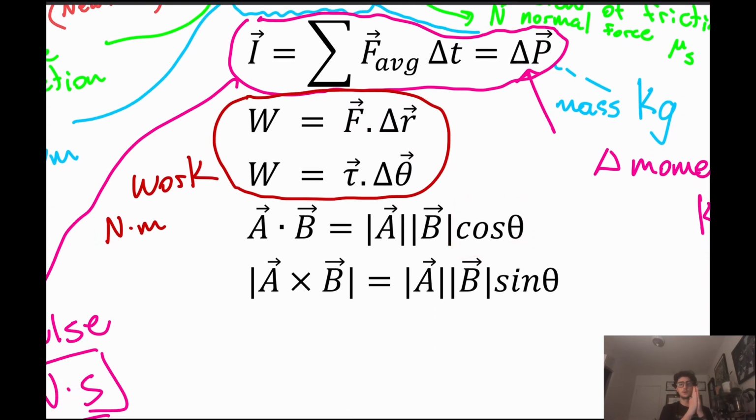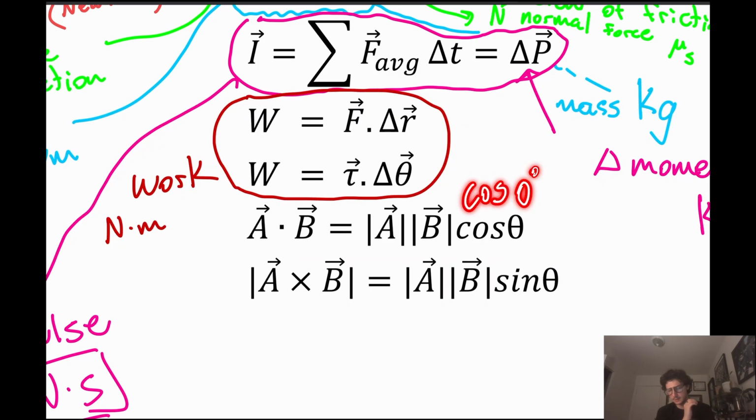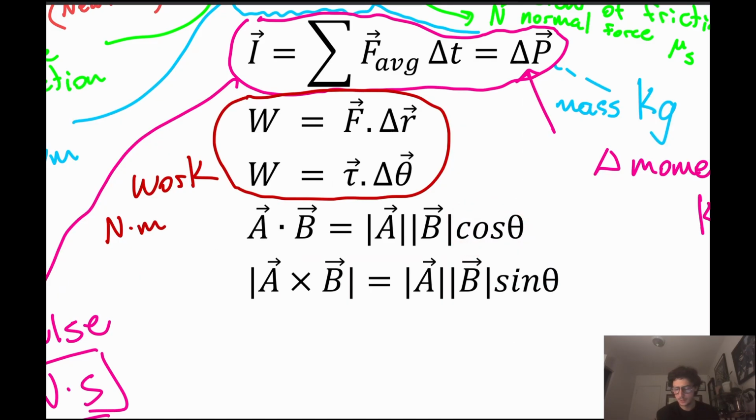So if the force vector and the displacement vector are pointing in the same direction, then theta is equal to 0 degrees and cosine of theta is equal to 1. But if they're at 90 degrees, then cosine of 90 is equal to 0. So if they give you some angle and you plug it in here and the cosine equals 0, then the amount of work done is 0.